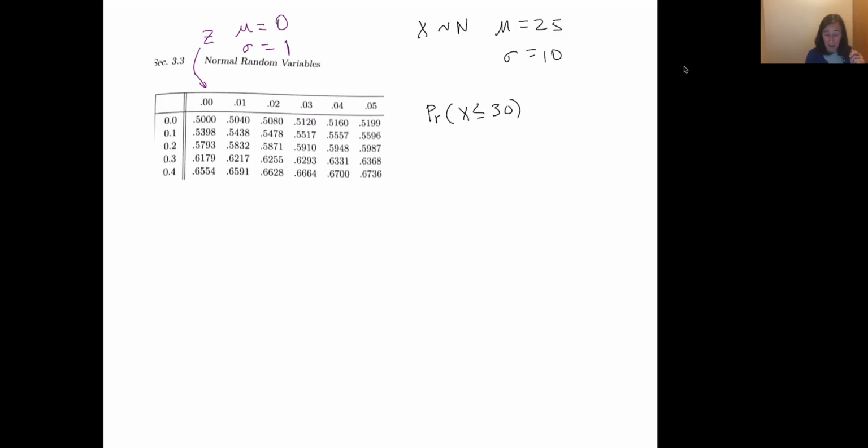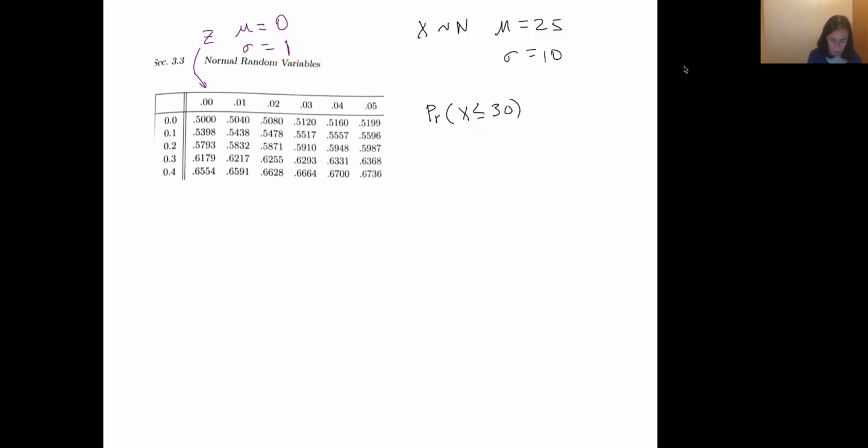But this question about the non-standard normal is the equivalent of a question about the standard normal. So what I want to do is transform the question about the mean of 25 and the standard deviation of 10 into something that would have a mean of 0 and standard deviation of 1.